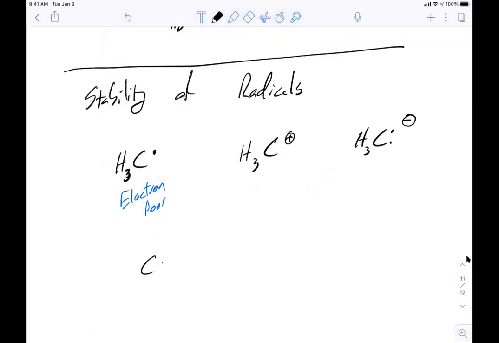What that means is then the possibility of stabilization increases with the substitutions.